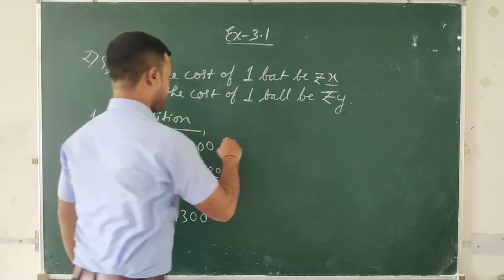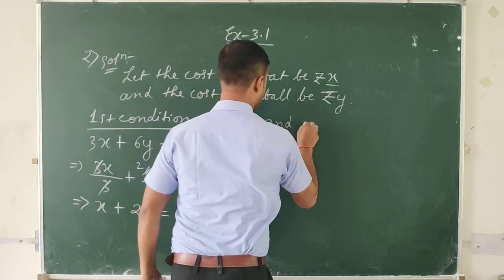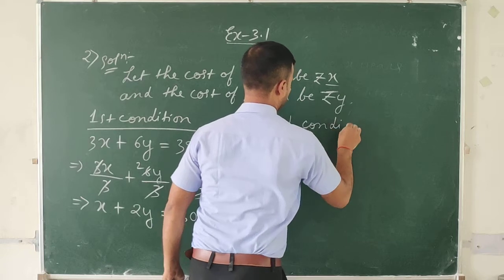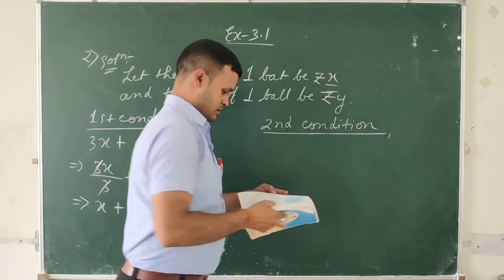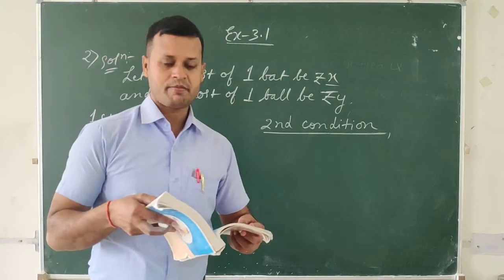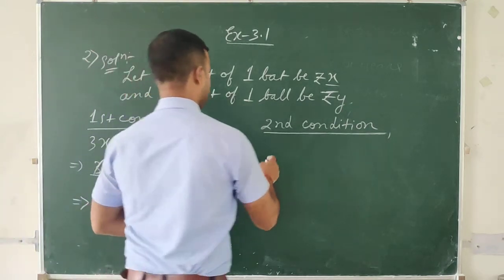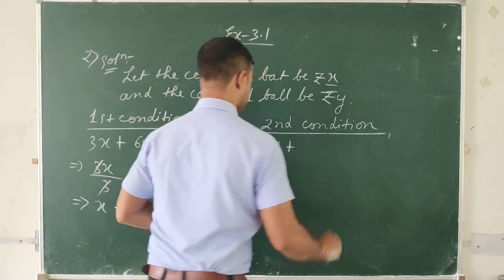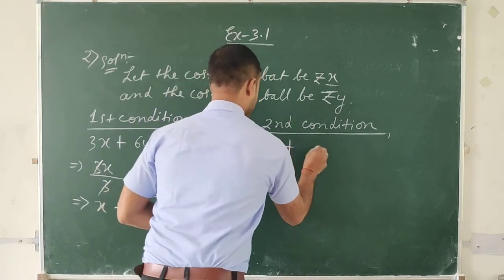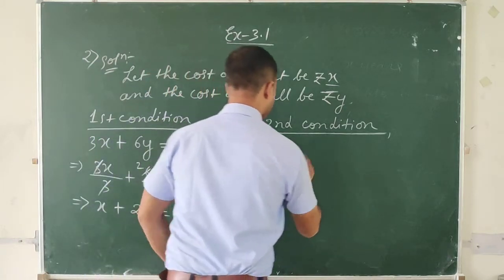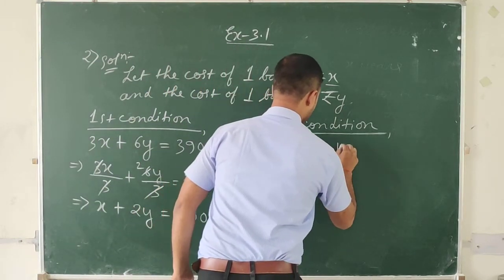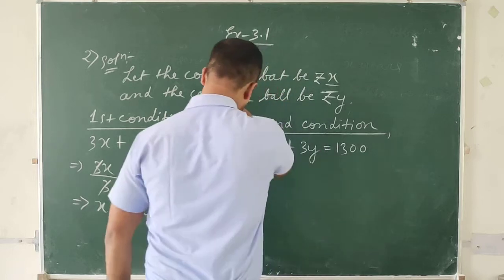So the second condition. Later she buys another bat and 3 more balls. Another bat, so x, and 3 more balls means 3y, is equal to 1,300.